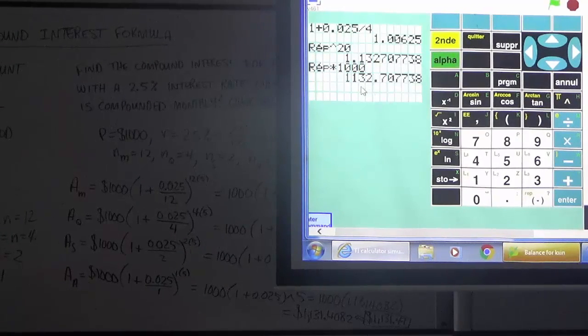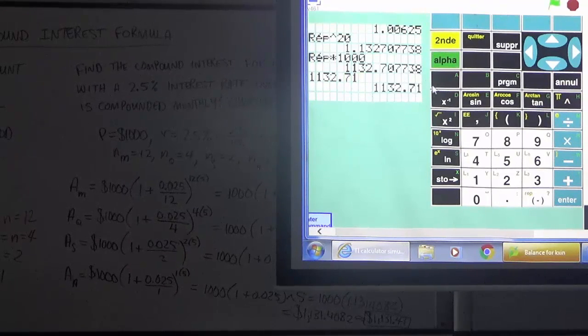And here we get $1,132.70 with the remainder there. So we're going to round this one up to the nearest hundredth, and the hundredth is right before this 7. So the 0 here is going to become a 1. So our amount is $1,132.71. That would be our total amount of compound interest for that problem.